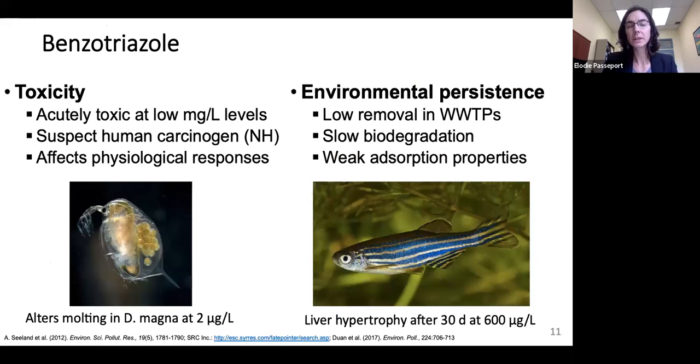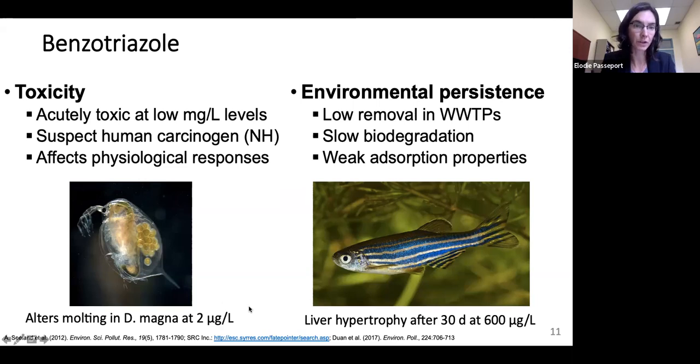As for its toxicity, typically the environmental concentrations of benzotriazole are lower than the acute and chronic toxic levels, which are in the low milligram per liter range, but it's a suspected human carcinogen in some countries like the Netherlands. More recent research has shown that it can create physiological responses in organisms at environmentally relevant concentrations.